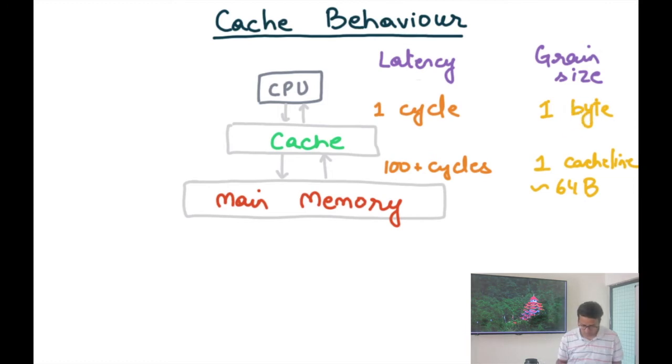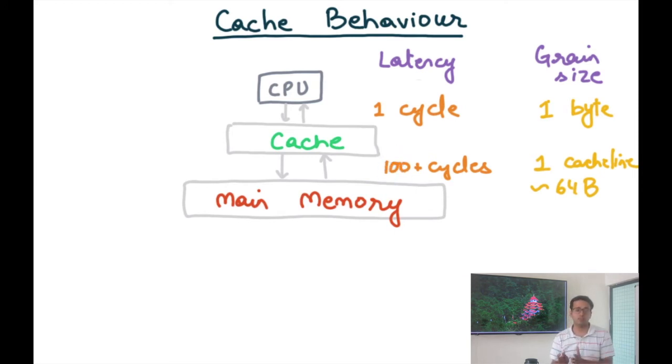But when I look at the interface between cache and main memory, the latencies are almost 100x slower between, let's say, L1, which is going to be accessed in a single cycle, versus main memory, which is going to take hundreds of cycles to access. Of course, this is the worst case latency.